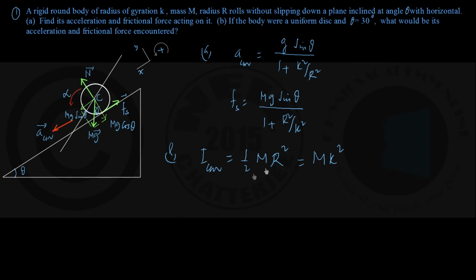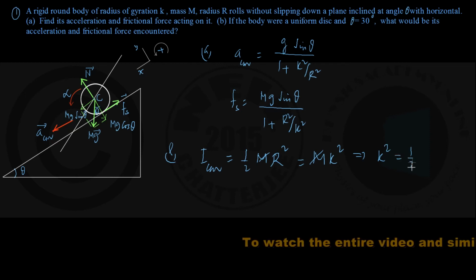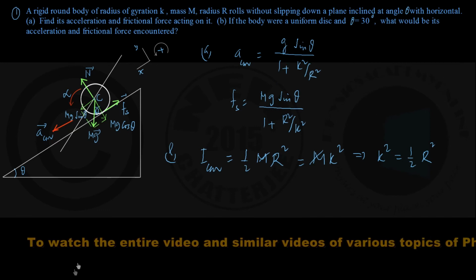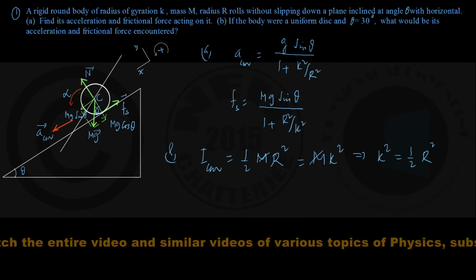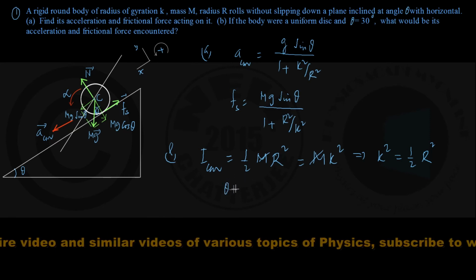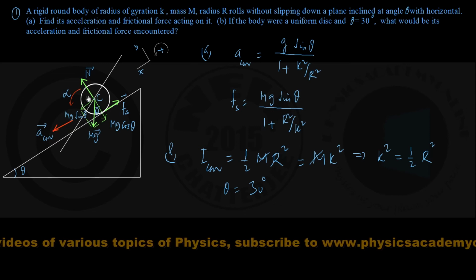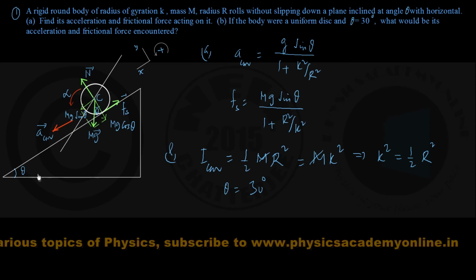So by comparing these two equations, m cancels out and we get that the gyration radius k squared is equal to half the square of the radius of the disk. We shall make use of this in these previous equations, as well as the given value of theta, the angle of inclination of the inclined plane on which this round body is rolling, that is 30 degrees.